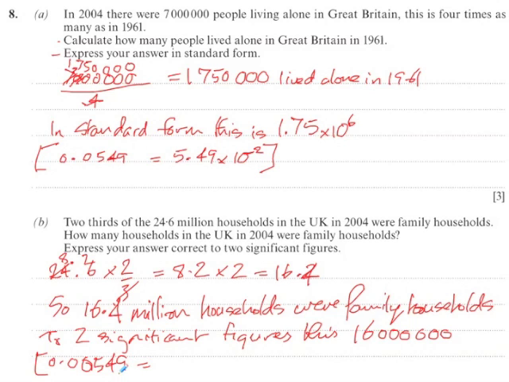However, remember it's about rounding as well, because 9 is greater or equal to 5, that becomes a 5 then. So to two significant figures, that would be equivalent to 0.055. I hope that helps you understand the concept of significant figures.